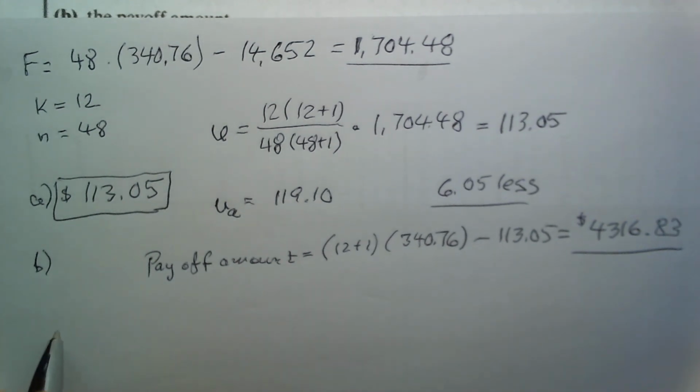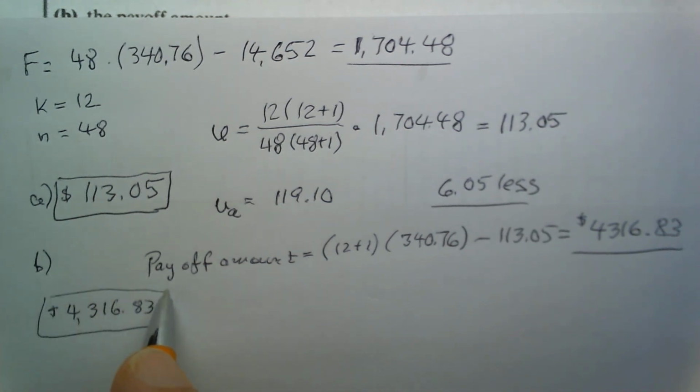So that's our answer for B, 4,316.83, which of course is $6.05 more than the other payoff amount we computed with the actuarial method.